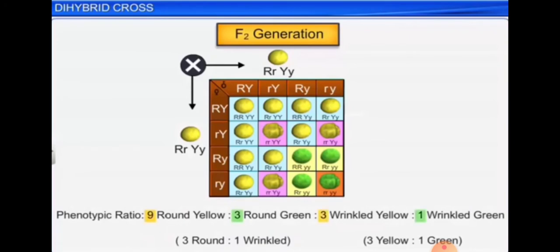This ratio 9:3:3:1 can be derived as the combination series of 3 yellow:1 green with 3 round:1 wrinkled, and this derivation can be written as shown.